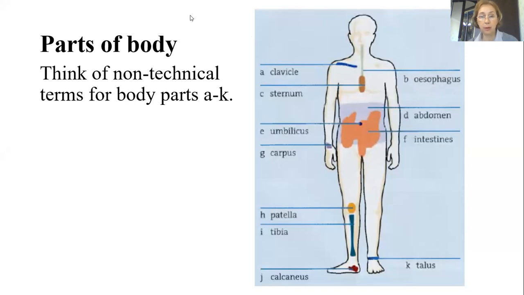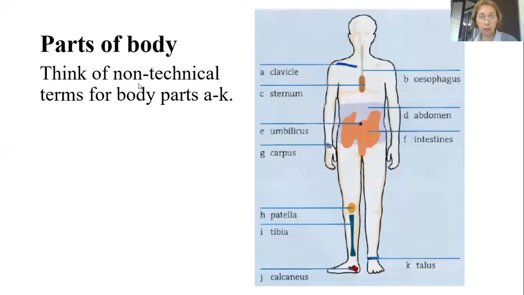Yes, Rafaida. Food pipe or passage. Will you repeat, please, Rafaida? Food pipe or passage. Okay, or it can be called gullet. Yes, gullet, esophagus.